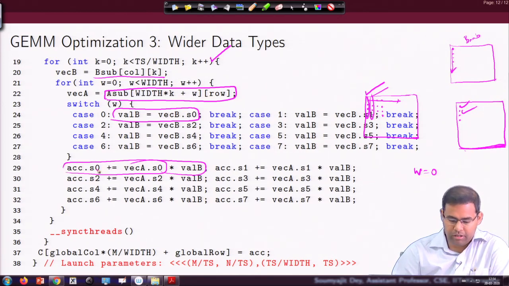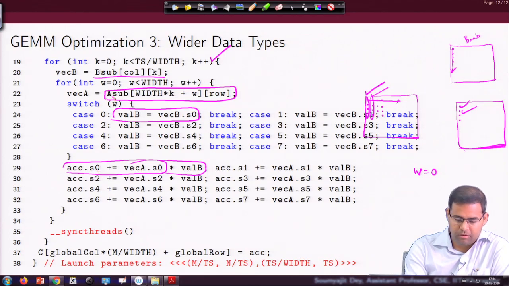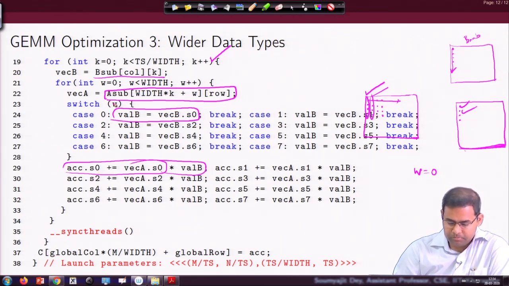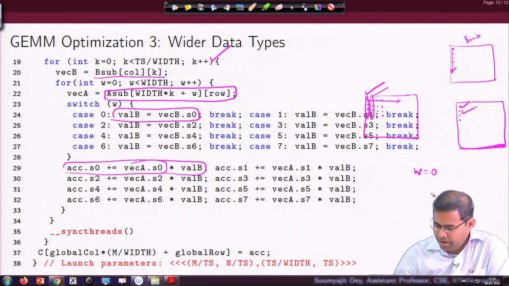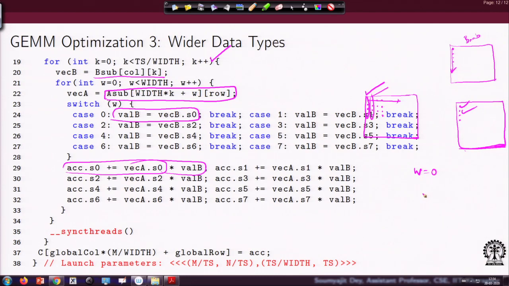But parallelly I have other things also, right. For this right now I have with me in val b vector b's S0 component. Well, do I need it for some other computation?